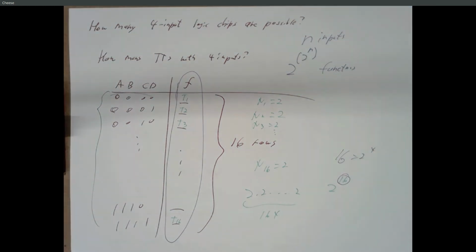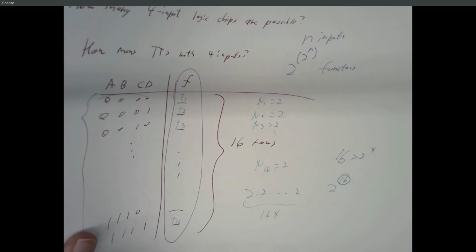So if you have an 8 input gate, there's 2 to the 256th possible 8 input gates. So that's about 10 to the 80th. Number of particles in the universe is 10 to the 79th. So we don't have enough stuff to make all of those even once. All right, still good?